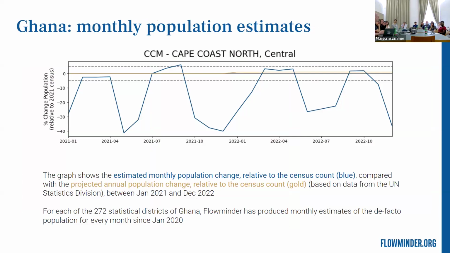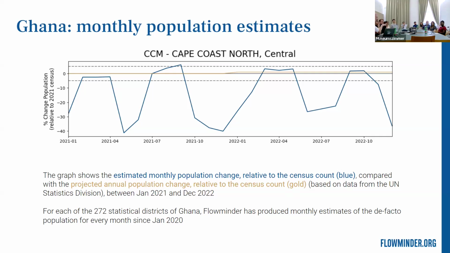We see particularly these cyclical patterns for districts that host universities in Ghana. This particular district hosts Cape Coast University, and our working hypothesis, also in exchange with our partners at the Ghana Statistical Institute, is that it is indeed student populations moving in and out of the district over time.